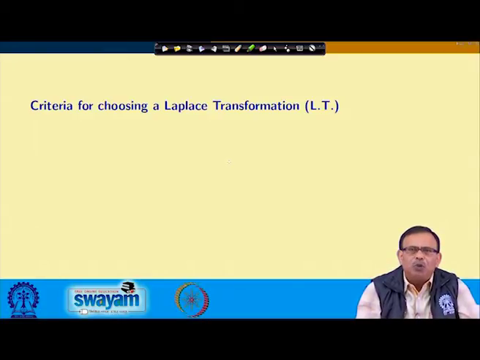So, with respect to which variable you will take the transform, you have to choose. So, let us discuss the criteria for choosing the Laplace transform.